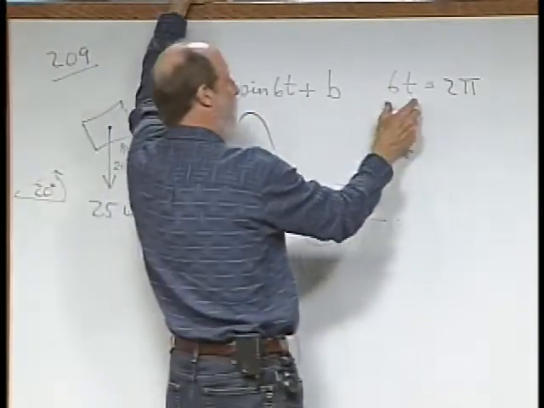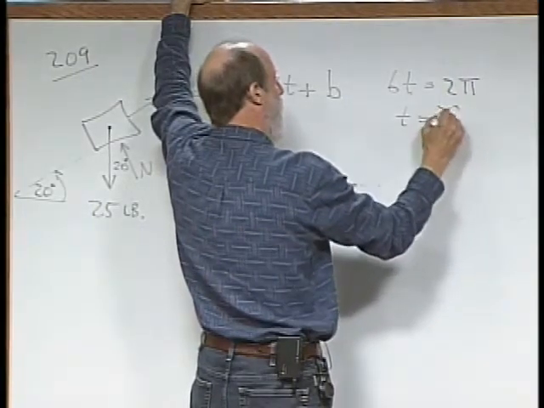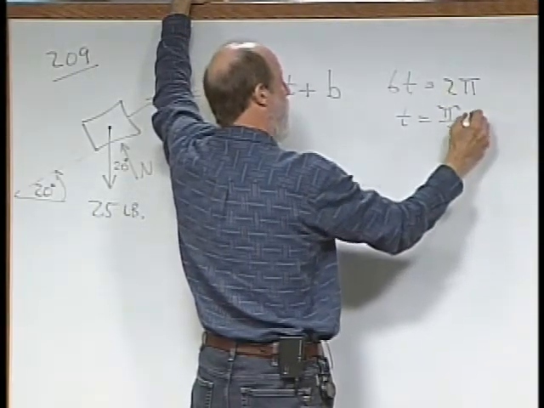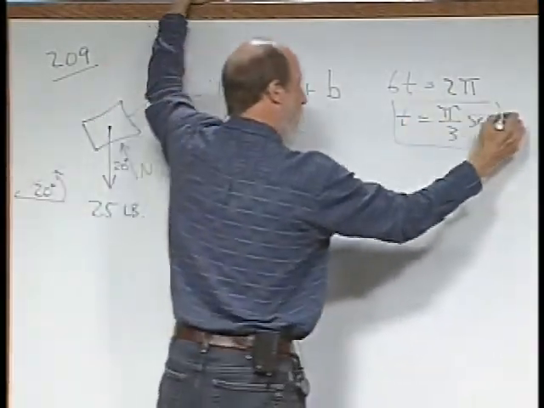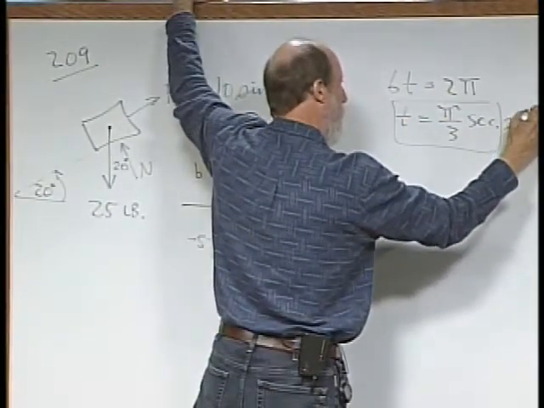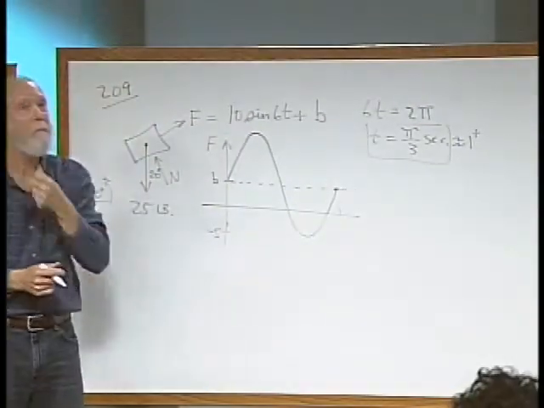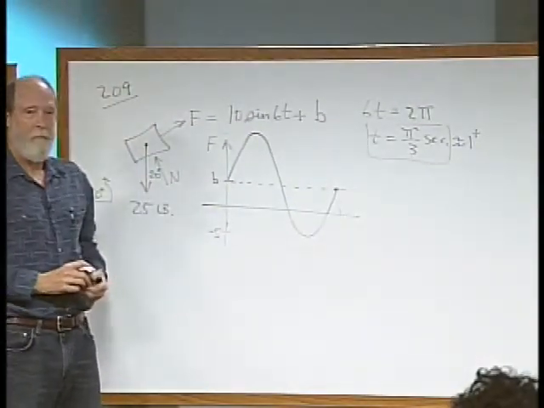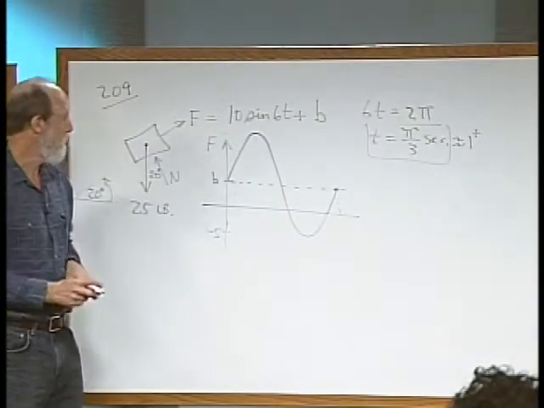So then we set 6t equal to 2 pi, and you end up getting pi over 3 seconds as the period. So just a touch more than 1 second of time. Right? Okay.